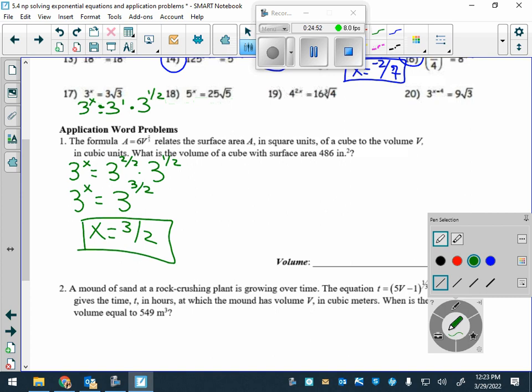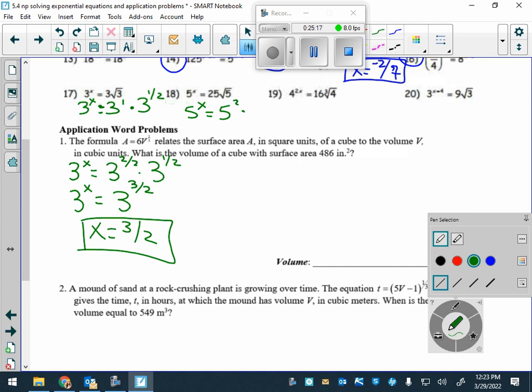Okay. Now if you look at 18, you have 5 to the x equals 25 times the square root of 5. What base do you have in common? 5, okay. How do I rewrite 25? 5 squared.